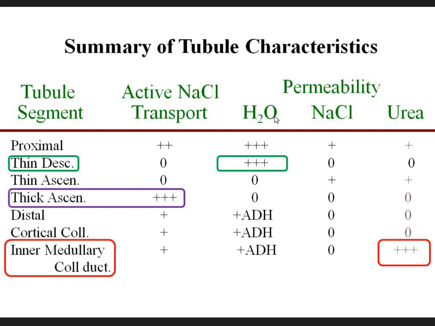If we remember these three things, it will be very easy to understand how the gradient develops in the medulla. Again, I am repeating: the thin descending segment of the loop of Henle is permeable to water, the thick ascending segment is very much permeable to solutes, and the inner medullary collecting duct is very much permeable to urea.